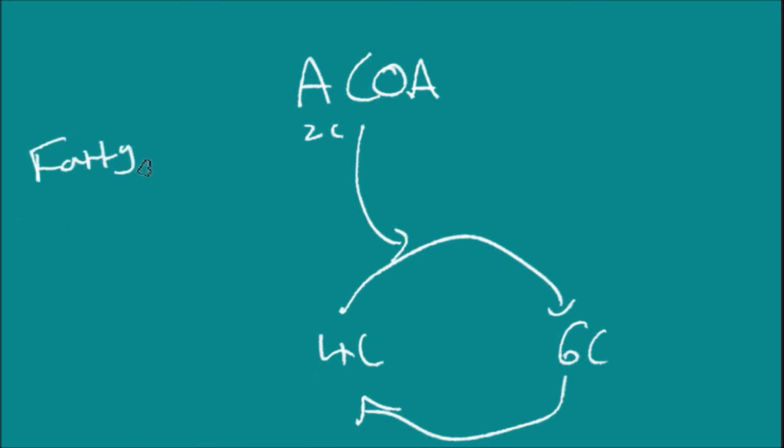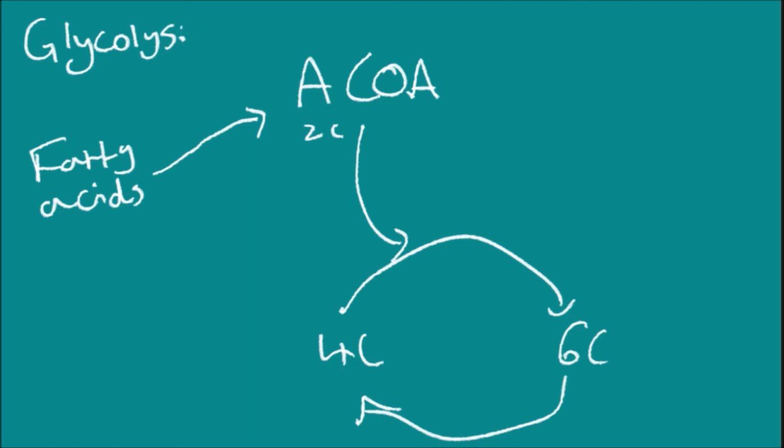Now, in the lipid structure post, I said about how lipids in the form of fat, which we store as triglycerides, contain fatty acids. So we can convert fatty acids into acetyl coenzyme A, which removes glycolysis.